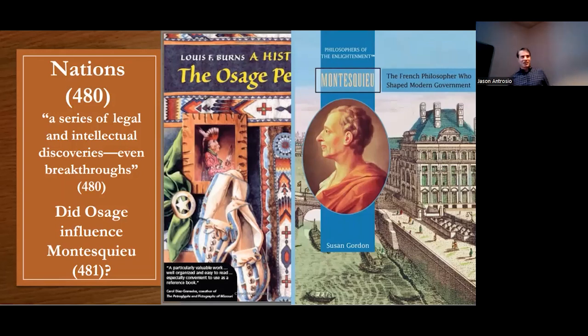I guess what I'm trying to get at here is that there are some people who have claimed that the ideals of democracy in the United States come from the indigenous peoples, from the Native Americans. And there are others who say, no, that's crazy. There's no way.